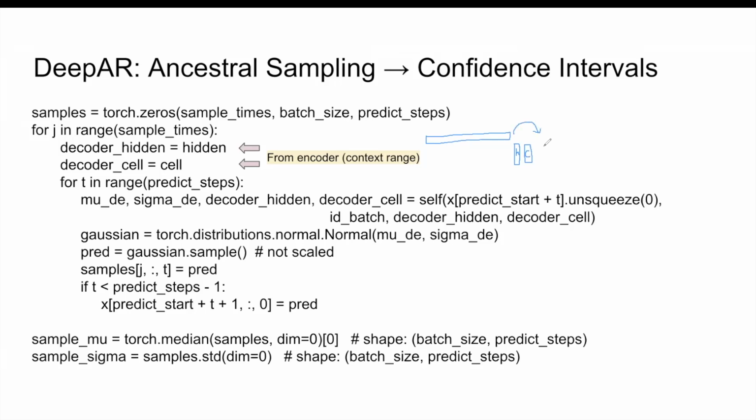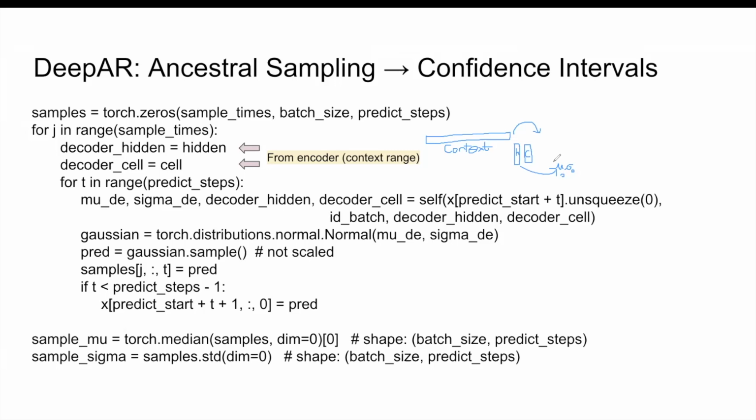What we do is that we'll first use C to parameterize the Gaussian distribution. So we'll be outputting a mu as well as a sigma for the first time step in the forecast horizon, so mu naught and sigma naught.